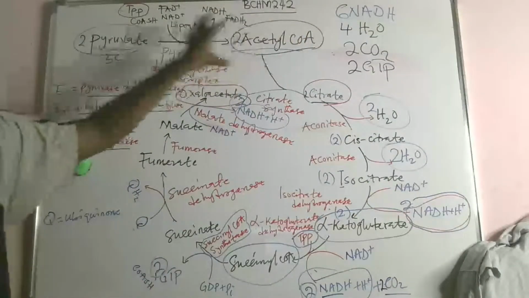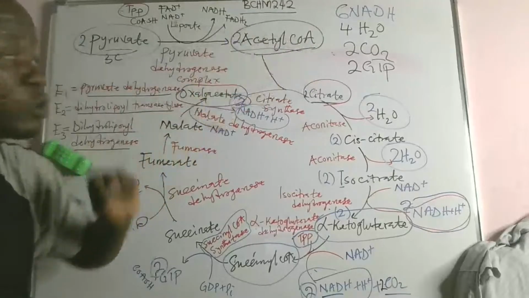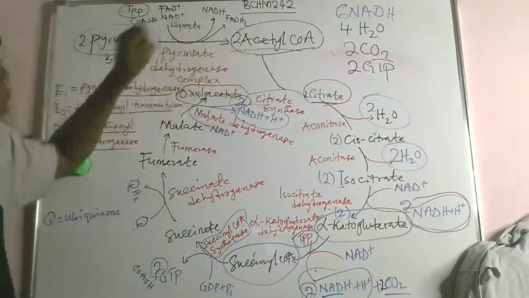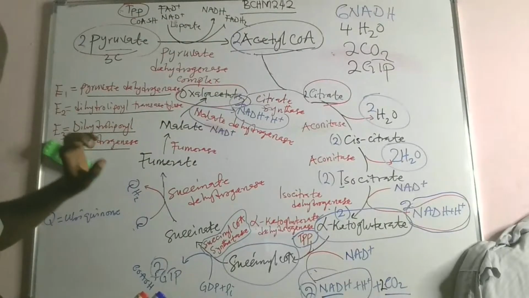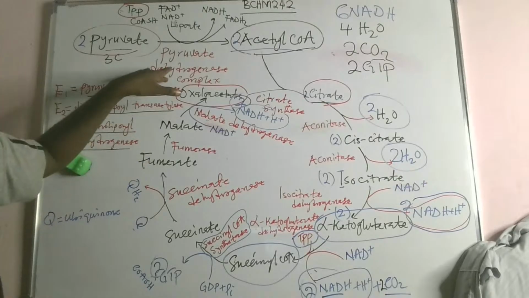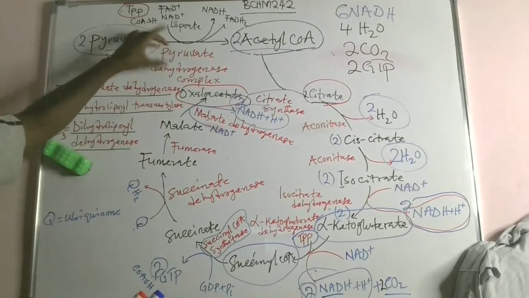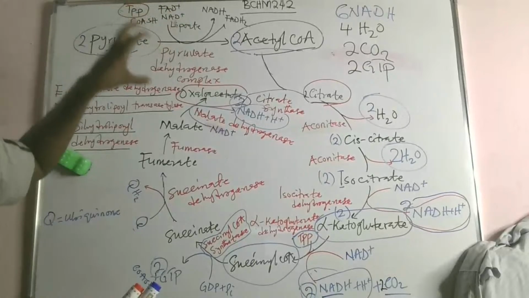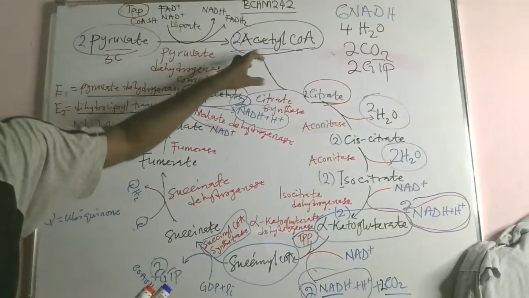Then the pyruvate will be converted into acetyl-CoA using an enzyme called pyruvate dehydrogenase complex. It is called complex because there are three important enzymes in it. And this enzyme complex requires 5 different coenzymes to convert pyruvate to acetyl-CoA.